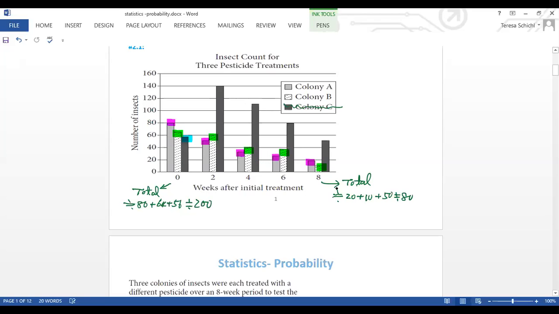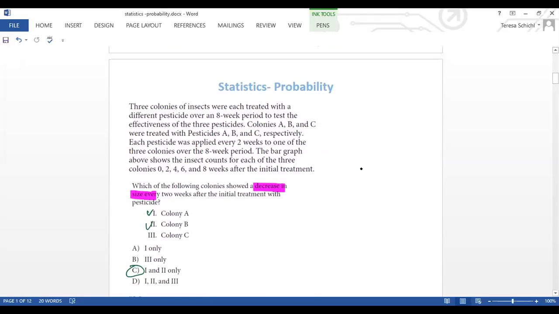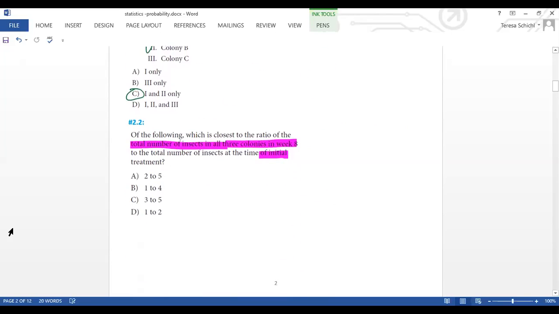So what is the ratio of the 8 weeks to the initial? The ratio will be 80 to 200. You simplify it: 8 to 20, then divided by 4, so you get 2 to 5. So A is the correct answer.